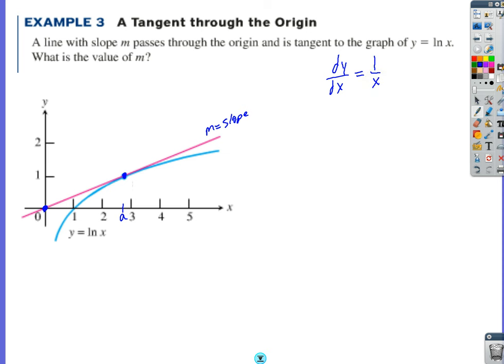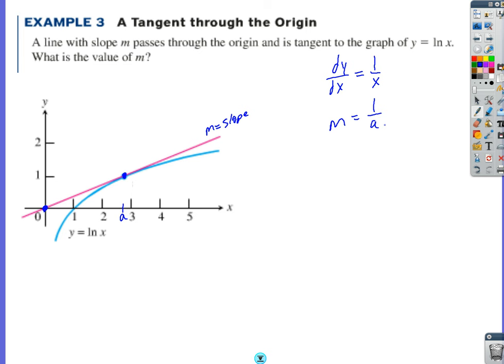That means my slope is equal to 1 over a. Great, but that doesn't really help a whole lot. I still don't know what a is. I need to find that out.